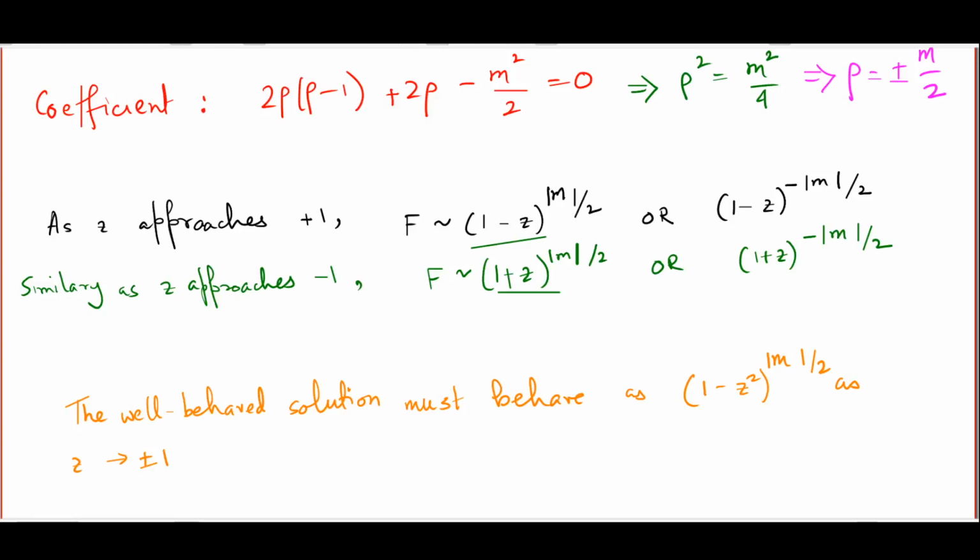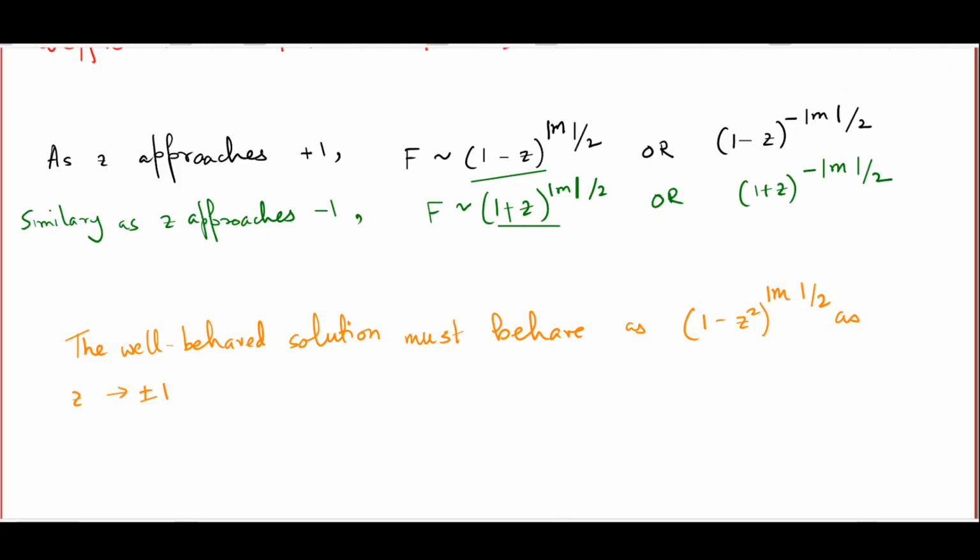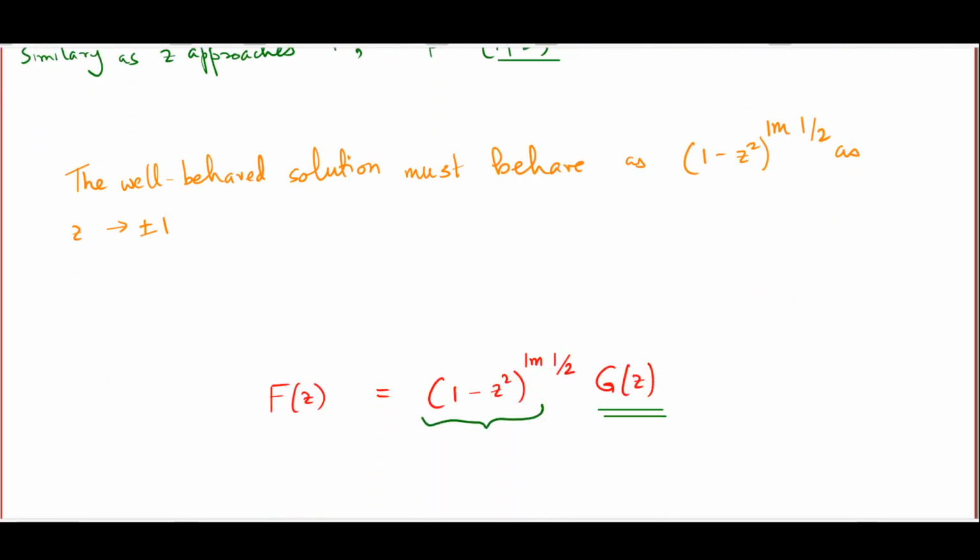As a means of avoiding the potential trouble as z goes to plus minus 1, we will do exactly what we did in the case for the harmonic oscillator, where we took out of the two possible behaviors at plus minus infinity the factor e to the minus z square by 2. Here we will write capital F of z as 1 minus z square to the power plus mod m by 2 times g of z.